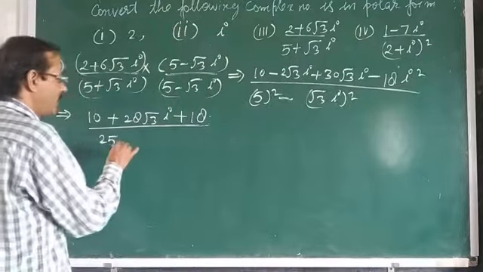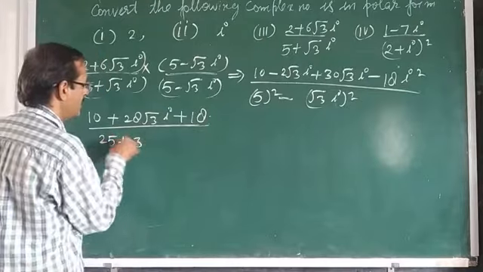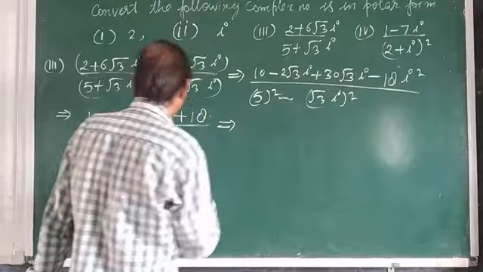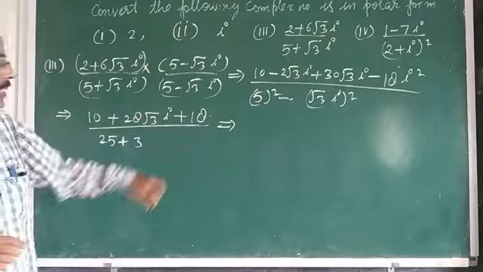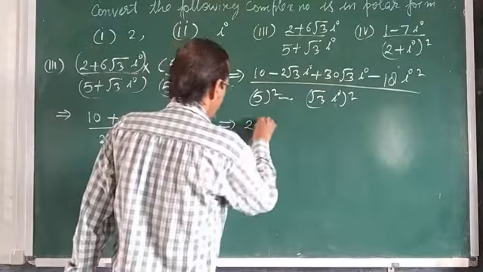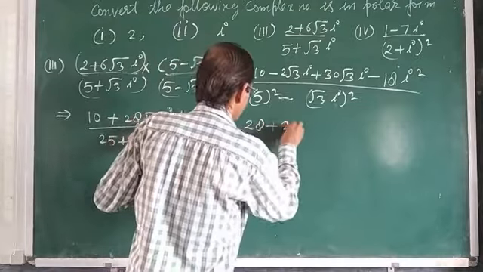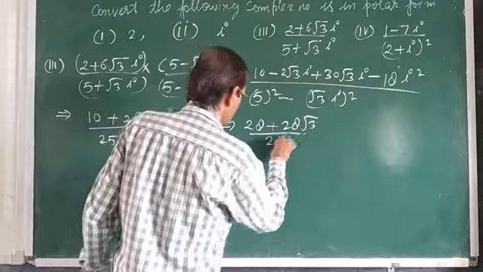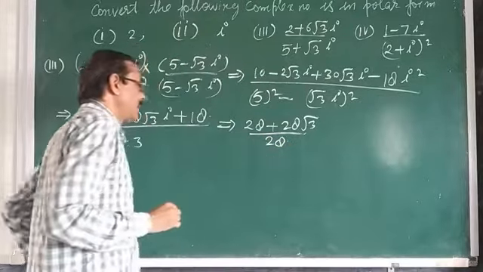So I have to write here plus 3, right? Now next line, 10 and 18 will be 28, plus 28 root 3 upon 28.